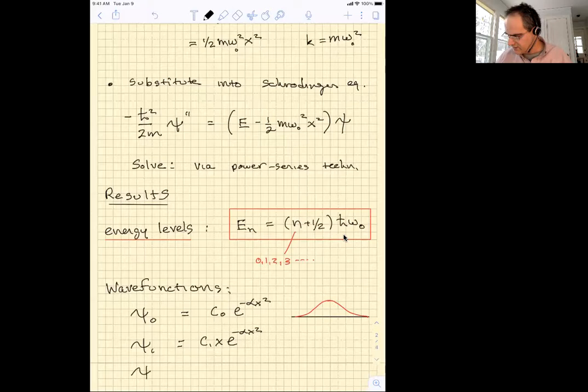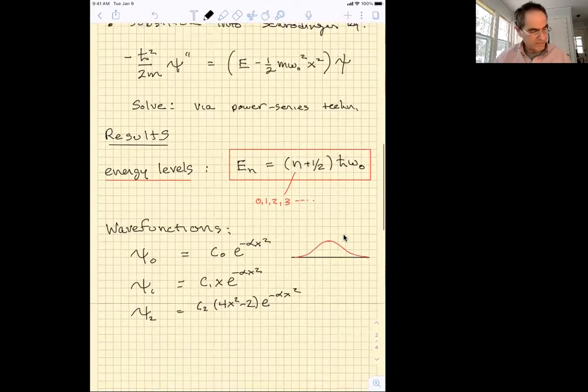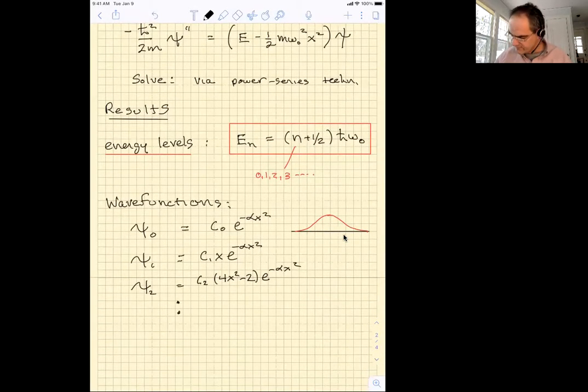Psi 2 is equal to another constant, C2, times 4x squared minus 2 times e to the minus alpha x squared, and so on. In fact, the nth one can be written this way. It's a constant. The constants all have to be established by normalization, to figure out exactly what they are, times a function, the nth Hermite polynomial, times e to the minus alpha x squared.